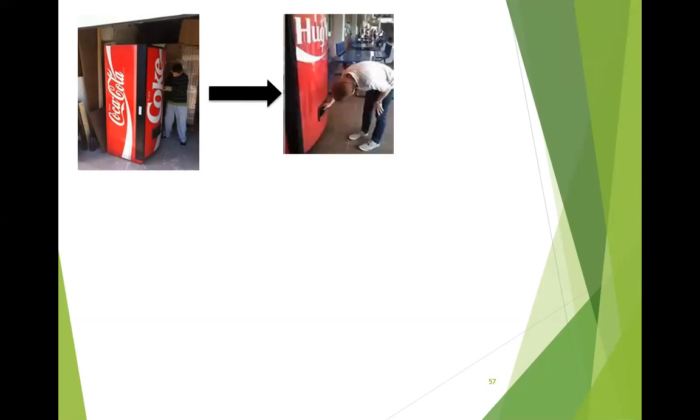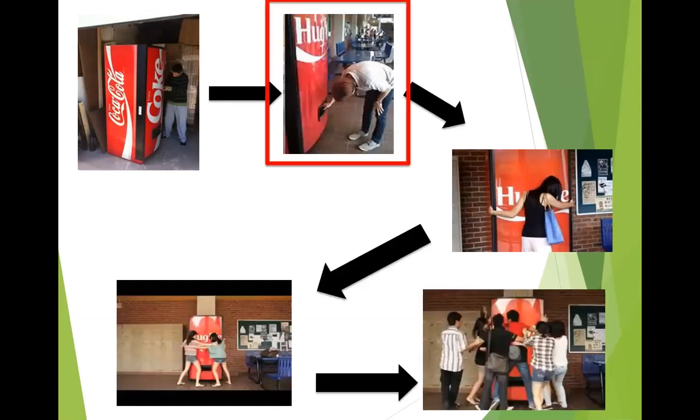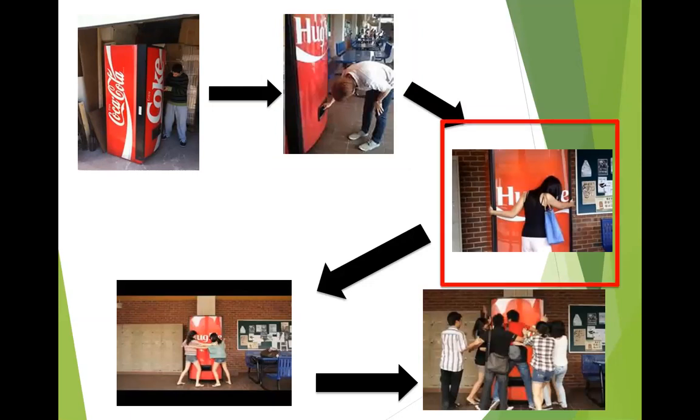All right, so here we have an individual who's gone up to a vending machine. He's put his money in. He's ready to go ahead and get his soda out. All of a sudden, he's looking for his soda and it has not come out. So then maybe he goes to shaking the vending machine.